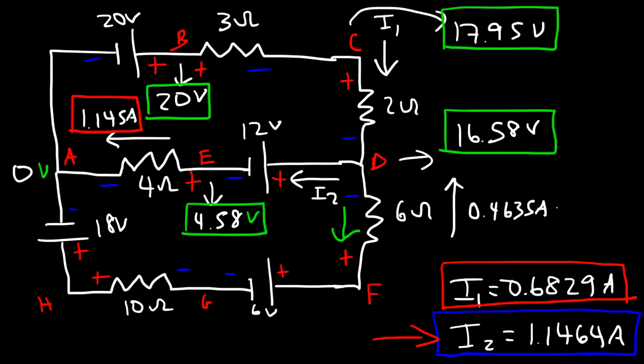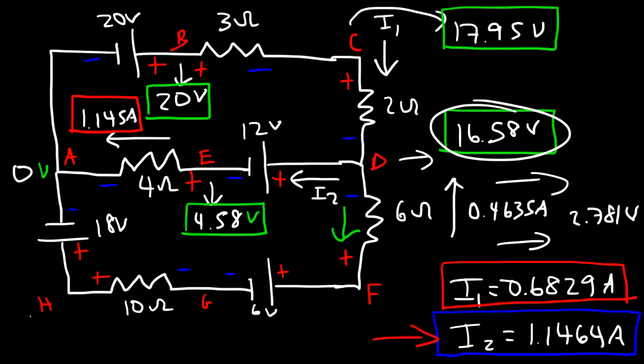And so the voltage across that resistor is 2.781 volts. So as we go from D to F, that's a voltage lift of that value. So we're going to start with 16.58 and then add 2.781 to it. So the potential at F is 19.36 volts.